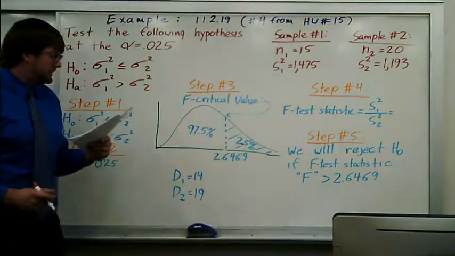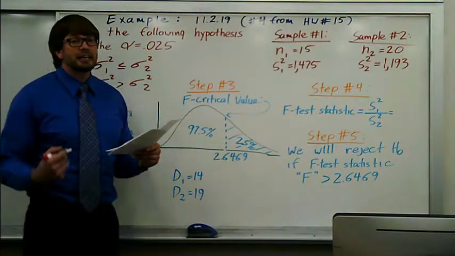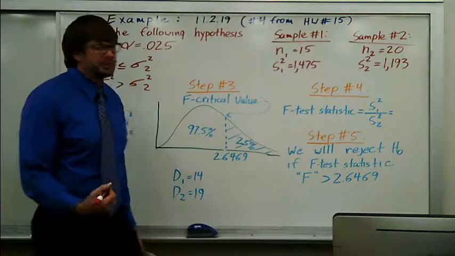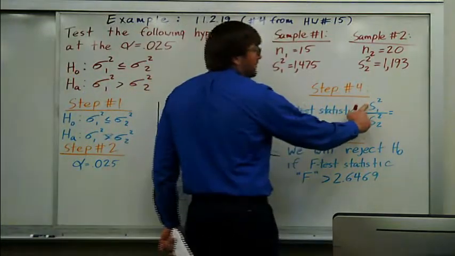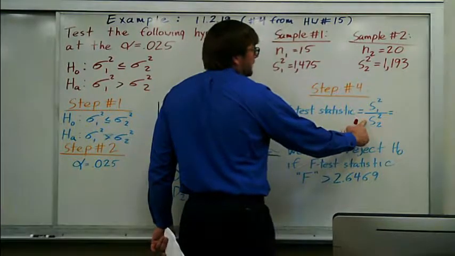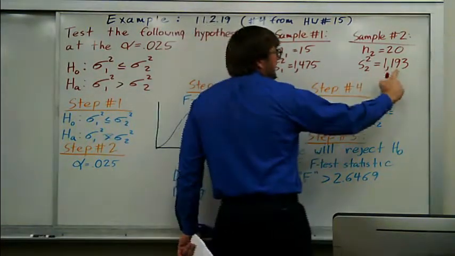Alright, step number 4, calculate the test statistic. And once again, now we're going to have an F test statistic, and that's super easy. It's just the sample variance from sample 1 divided by sample variance from sample 2. So that's just going to be 1475 divided by 1193.